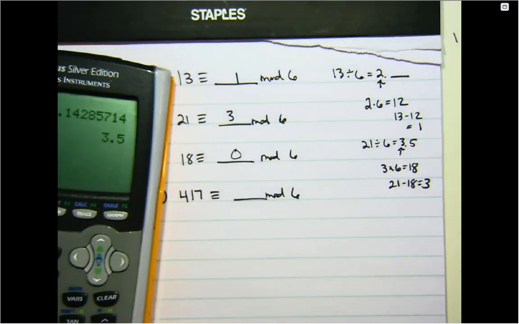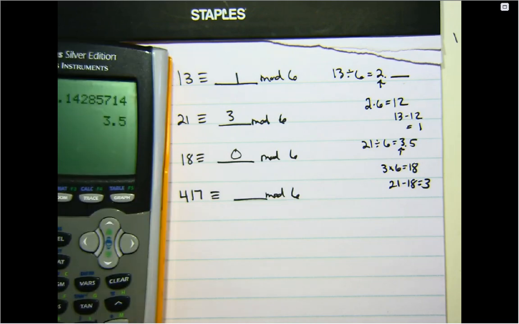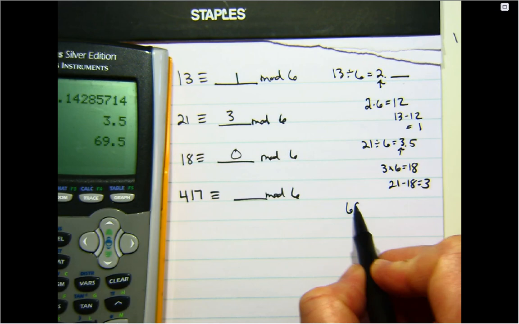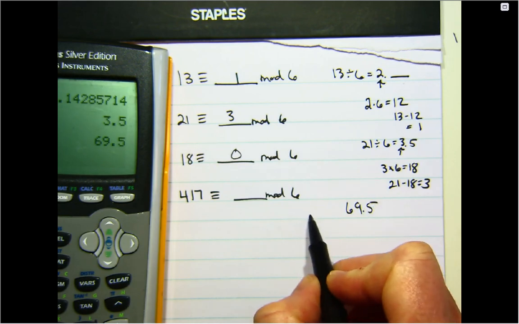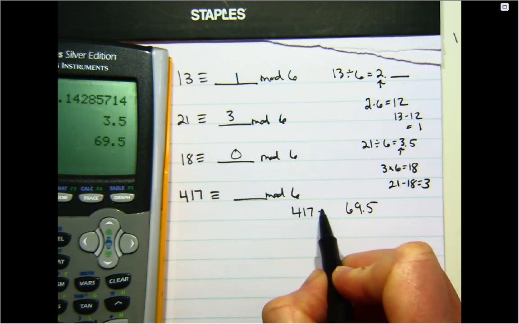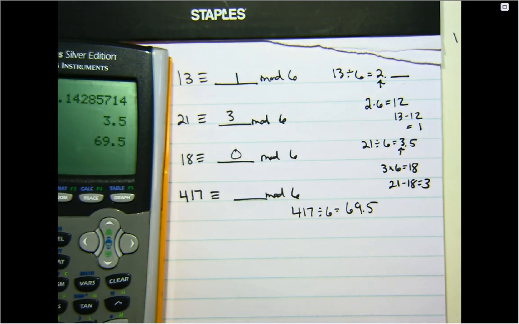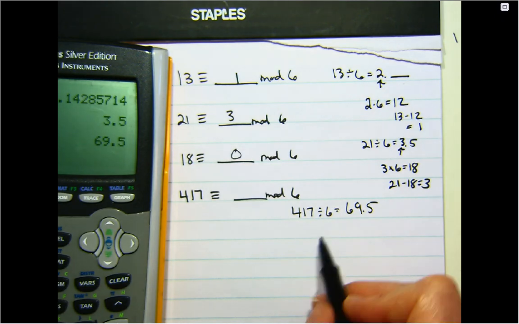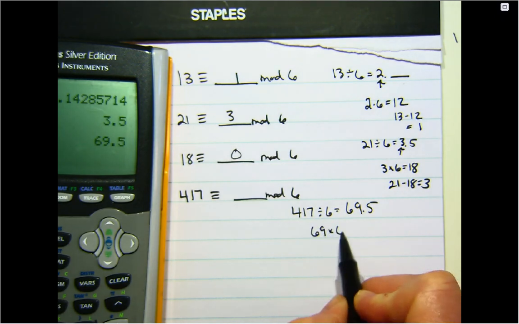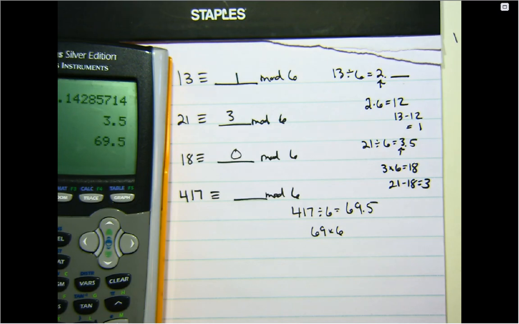417 is a big number. 417 divided by 6 is 69.5. So the 69 times 6 is how many multiples of 6 I can take away. 414, yeah.